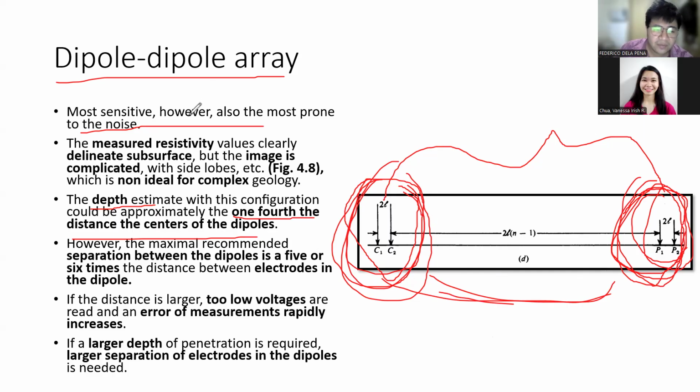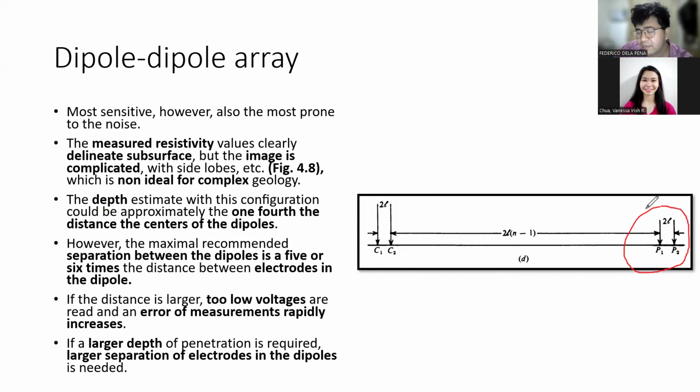Okay. However, again, this is quite sensitive to noise because as you can see here, the two potential electrodes are so closely spaced together. So you're simply measuring very small potential differences. And again, whenever you are dealing with small values, you're very much susceptible to noise, right?